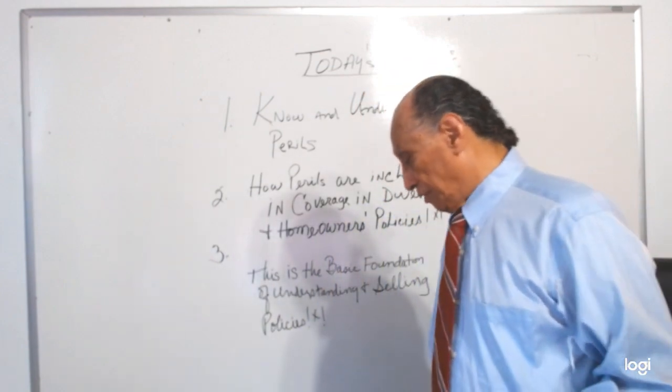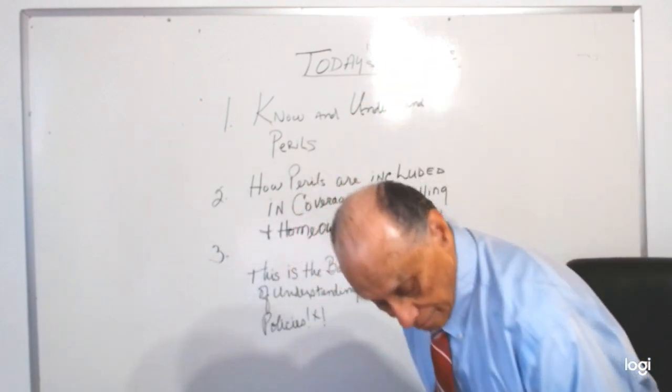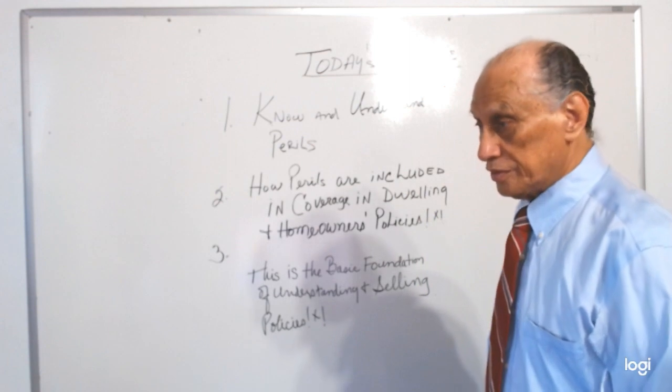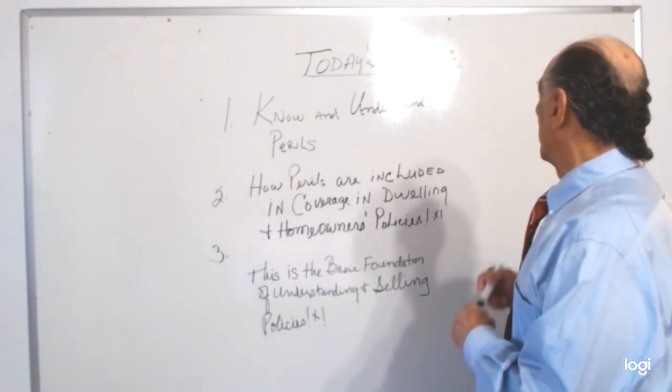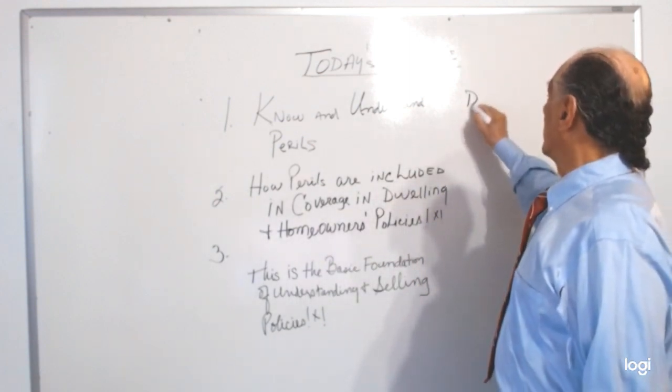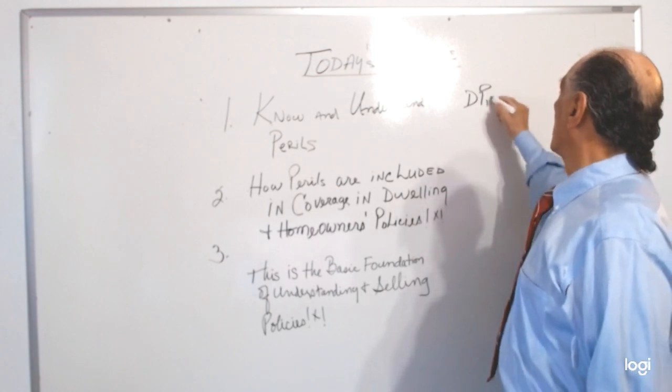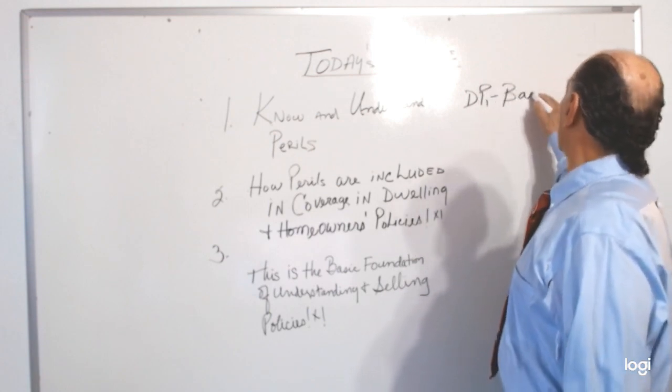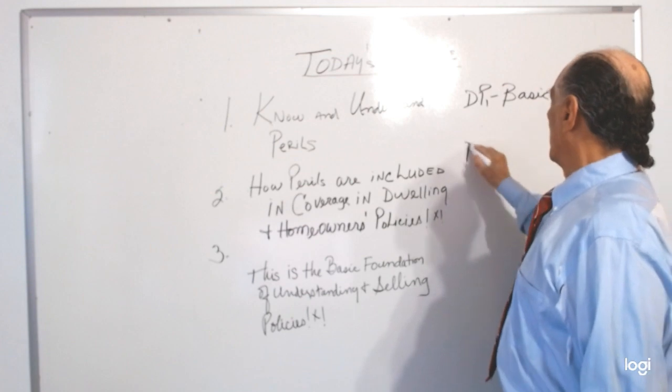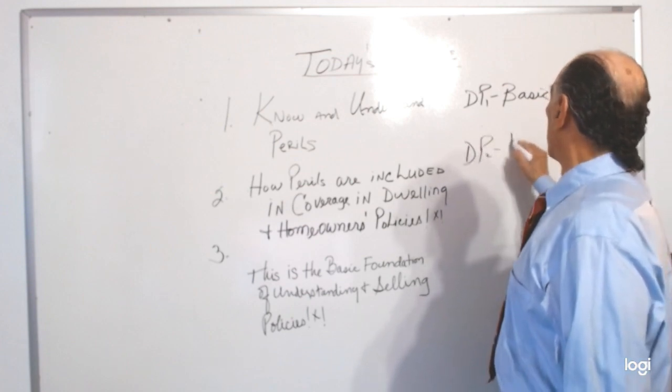Basically, the structure of homeowners policies and dwelling policies will be what we call the DP1 policy. It's called the basic. And DP2 is called the broad form.